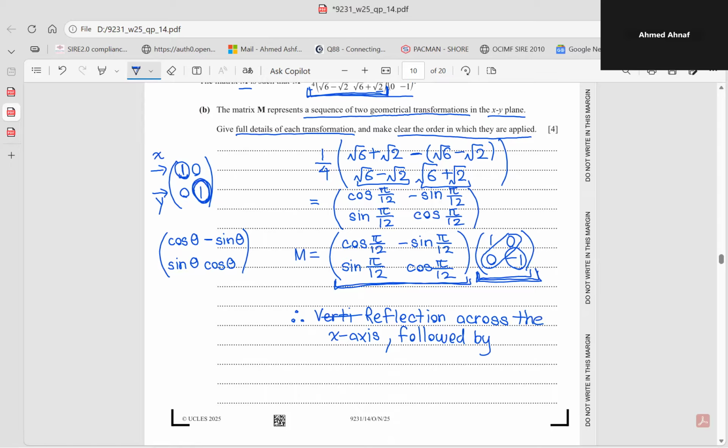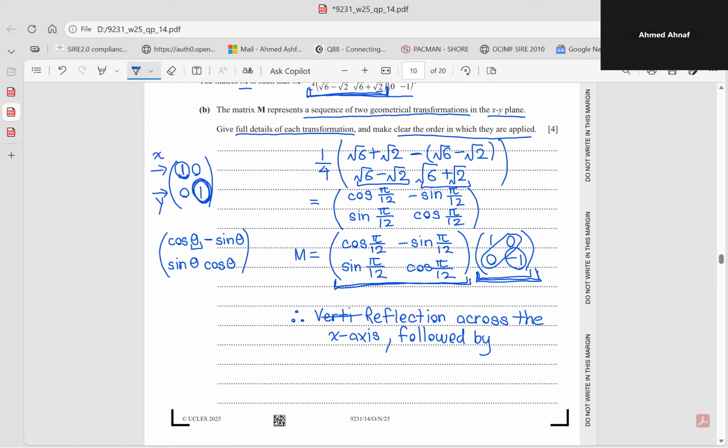It's an anti-clockwise rotation through the angle theta about the origin. The keywords are anti-clockwise by the angle theta about the origin. Don't forget the about the origin part.